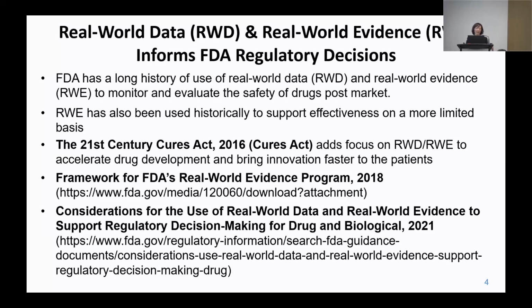FDA developed a framework for use of real-world evidence in 2018, and also published considerations for use of real-world data and real-world evidence in 2021. The links to those guidances are all provided in this slide.